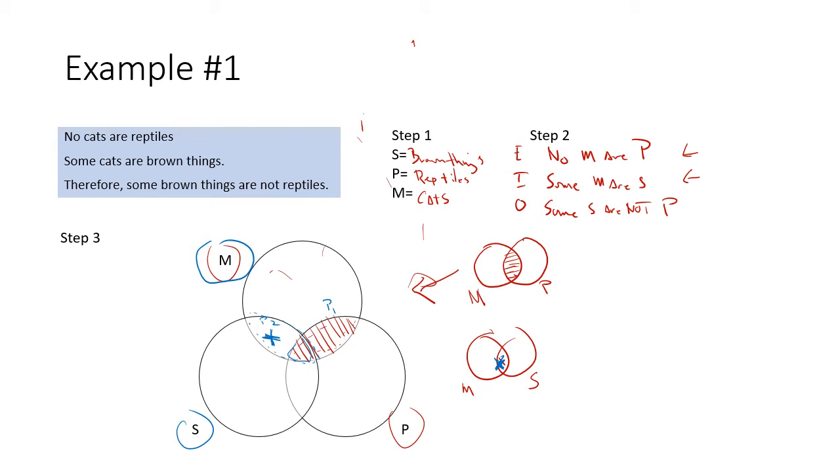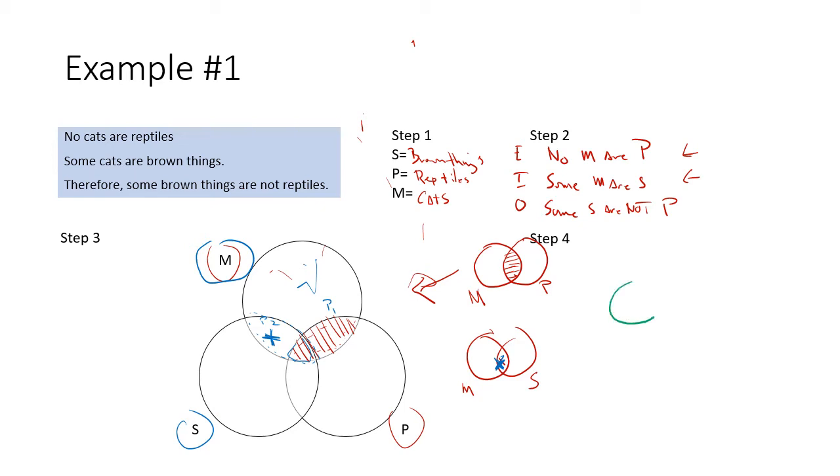And now it's time for step 4. So step 4 is where you check and see if you have a picture of the conclusion. So in this case, the conclusion, which we're not going to draw in the Venn diagram, we're just going to draw it over here on the right just to see what it is that we're actually looking for.